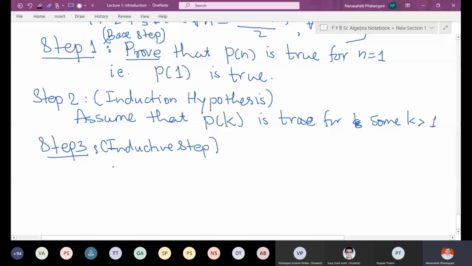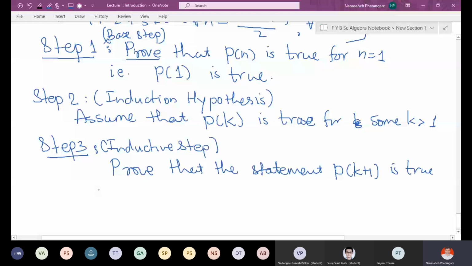Prove that the statement Pk plus 1 is true, or that the result is true for n equal to k plus 1.